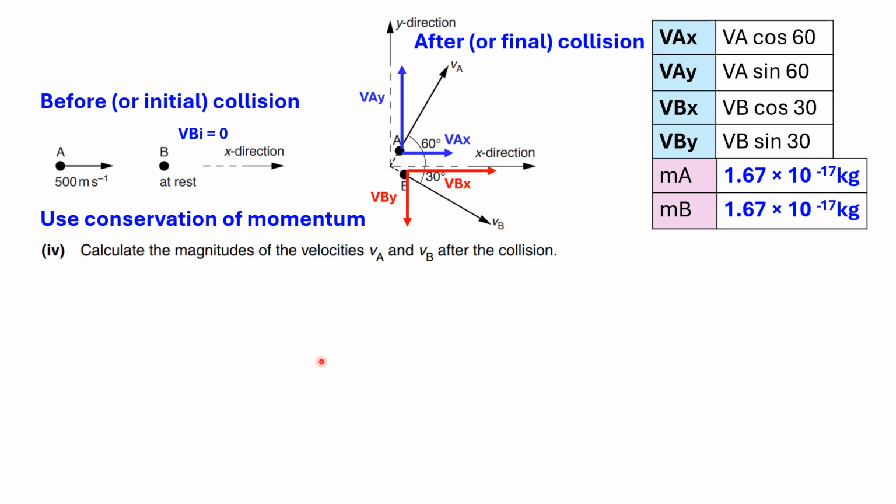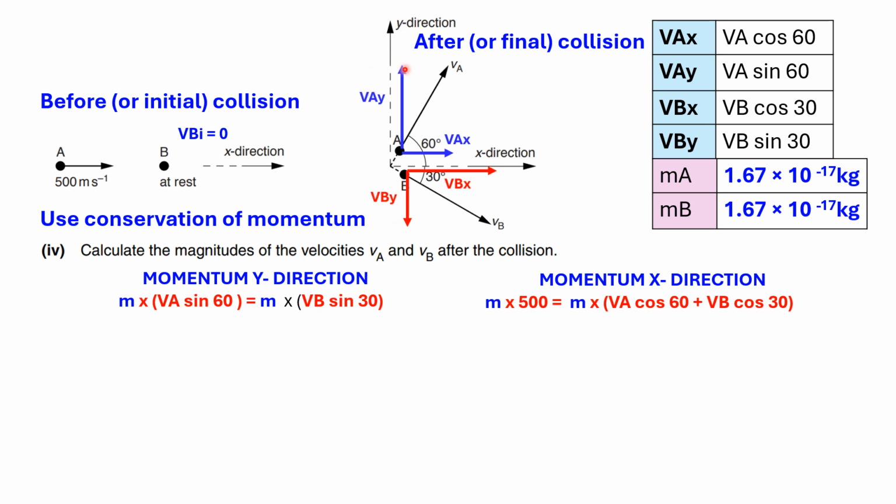The last question is asking to calculate the velocities VA and VB after collision. To answer this question, we need to work with conservation of momentum in both directions simultaneously. So I have each expression side by side.